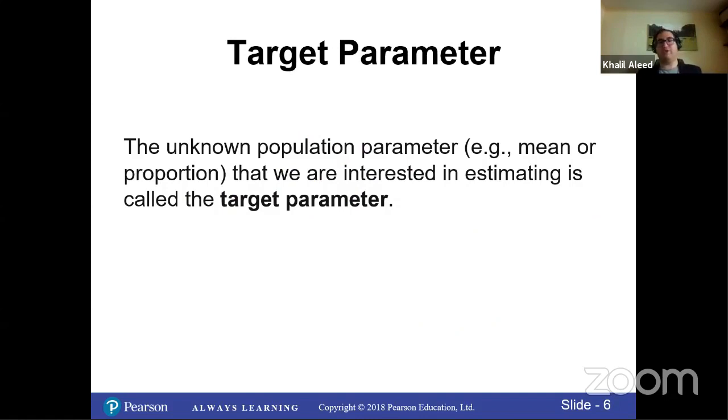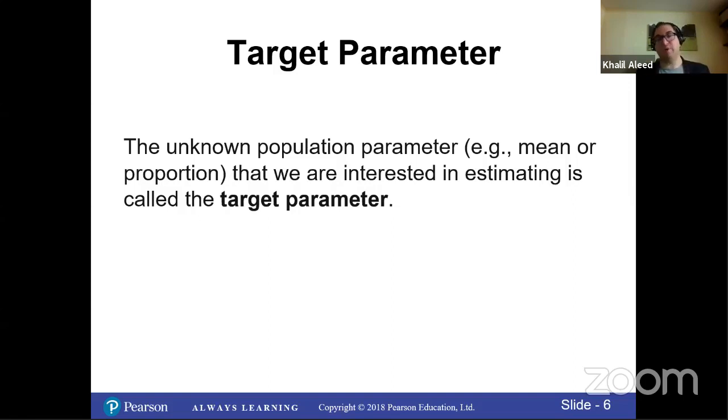Before we start talking about estimation in general, we need to understand something, which is the target parameter. As we discussed in the second part, the main idea of having a sample and making statistical tests on the sample is to estimate the population parameters, or what they call here, the target parameter. So I'm taking a sample of people's income to know the entire American population's average income.